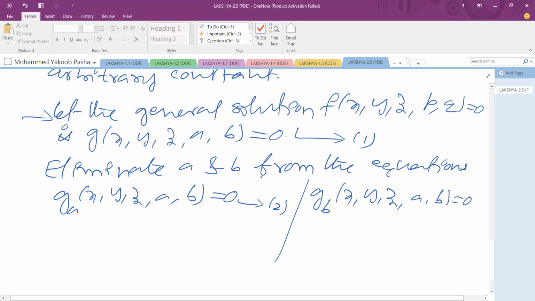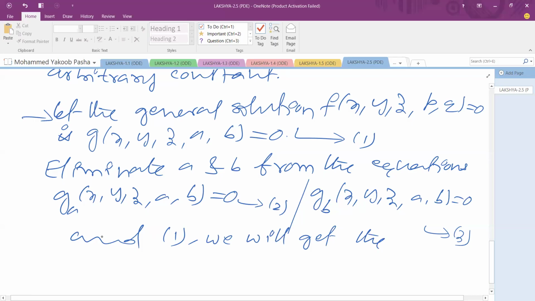That means take the partial derivative of the general solution with respect to a and with respect to b. After differentiating, the a and b values can be eliminated. Now eliminate a and b from equations 2 and 3 and equation 1. We will get the singular solution.